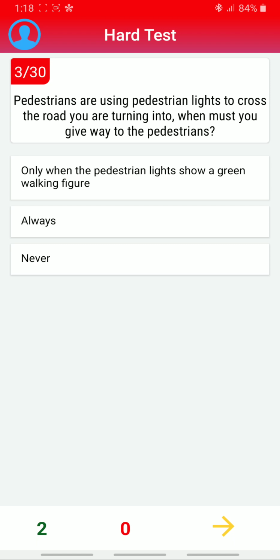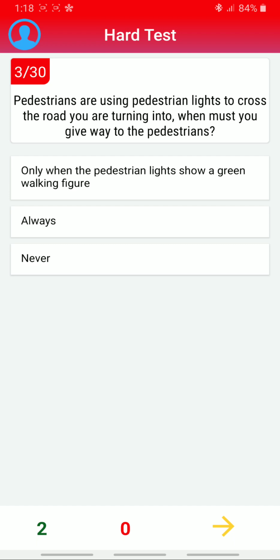So please keep in mind that whenever there is any pedestrian moving, whether your light is green or even red, and on red you need to stop, of course. But even if your light is green and the pedestrian light is red, and still pedestrians are moving, in that case you will be the one who needs to wait for them.